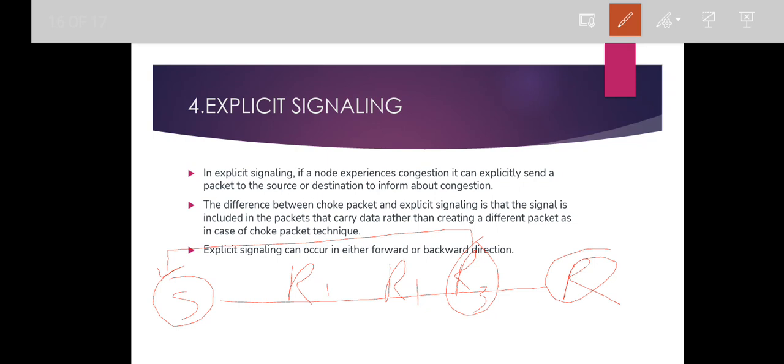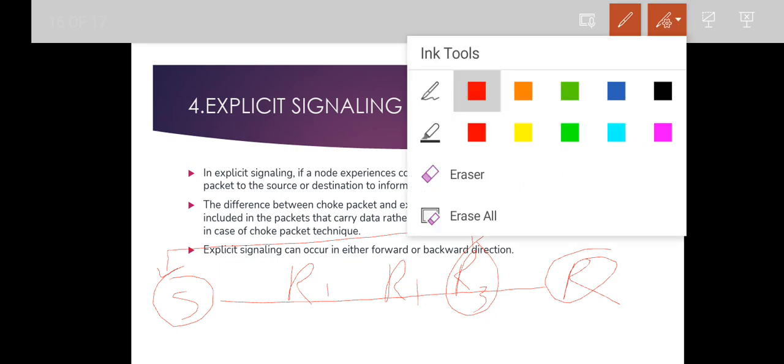In explicit signaling we are not using any special packet. We send the information using the data packet, meaning the data packet which it received.